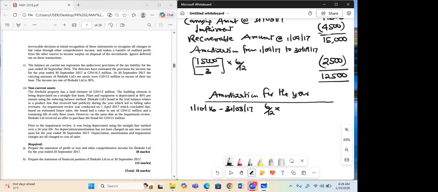By then, the depreciation for a year was 3,000. So 6 months of 3,000 will give us 1,500. Do you agree? Yes. Then later, we also got from 1st April 2017 to now the 30th of September.